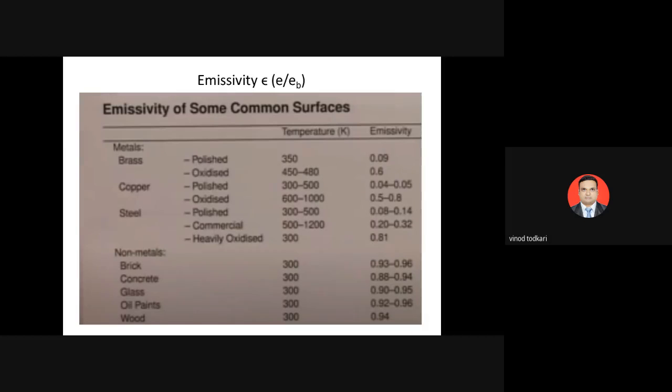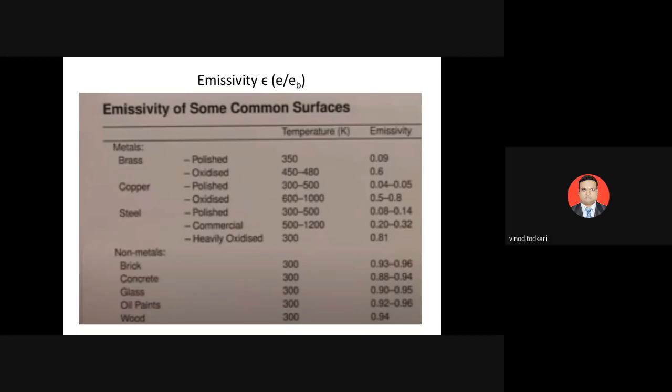It is the ratio of emissive power of a surface to emissive power of a black surface at the same temperature. I repeat, emissivity is the ratio of emissive power of a surface to emissive power of a black surface at the same temperature. As it is a ratio of similar things, it is dimensionless. There is no unit for emissivity, right?